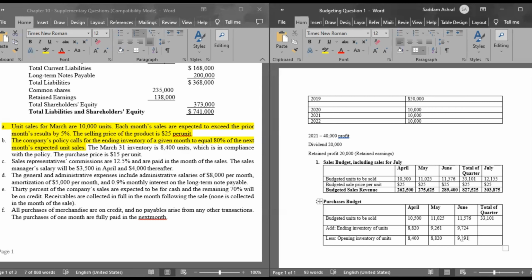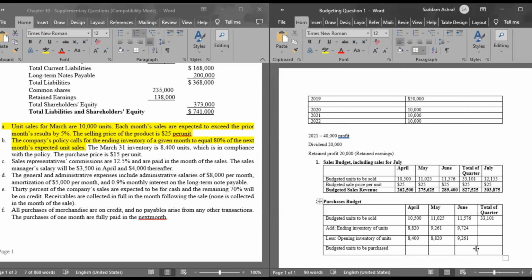You can take 5 seconds and ask me any question if you have regarding the purchases budget. Isn't it 9,261? Yes, 9,261. Okay, now we will calculate the budgeted units to be purchased.